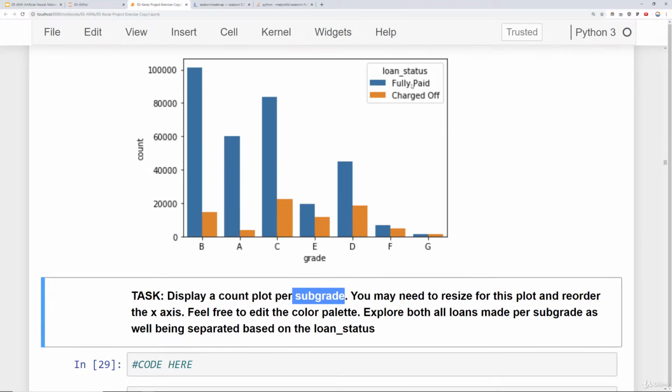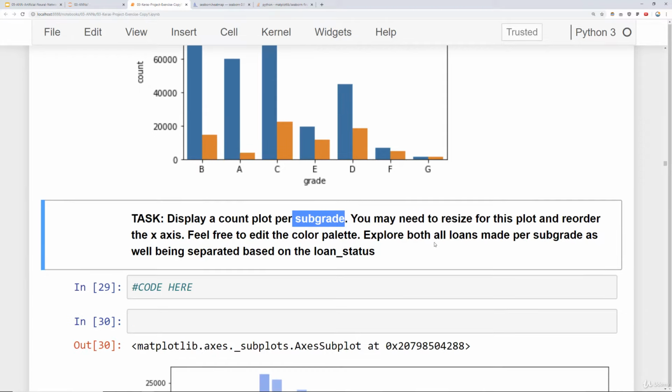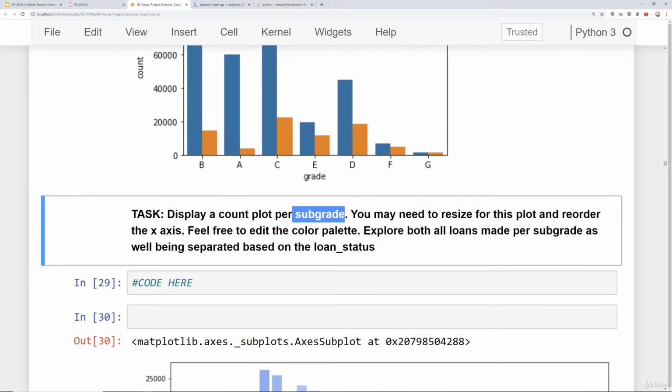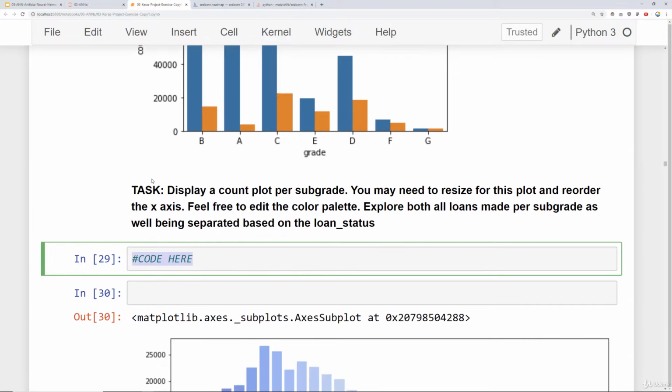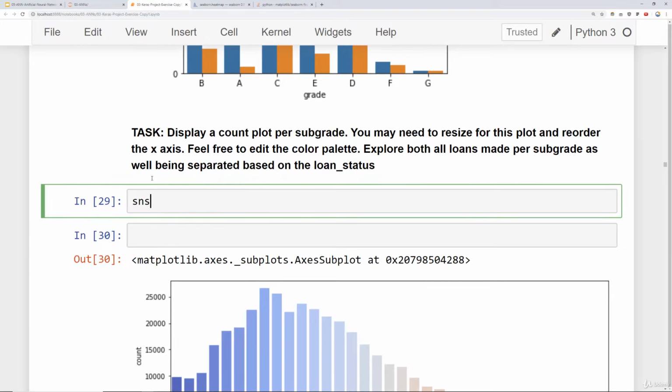Notice that the fully paid versus charged off rates almost look the same for someone in the G grade category. So how do we actually show this count plot per subgrade? Well, we simply say sns.countplot, and then we'll say x is equal to subgrade.